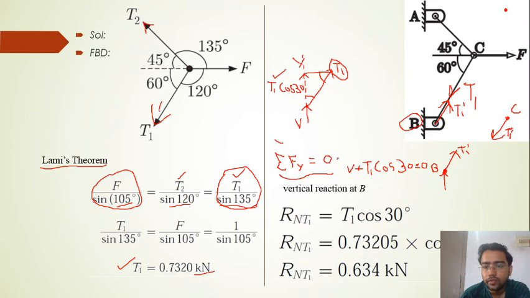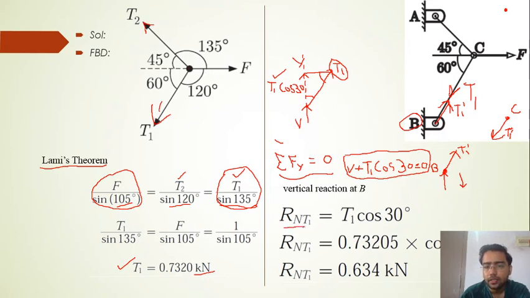Okay, if you solve this equation, you will find out V is equal to minus T1 cos 30. Okay, because you are getting minus, then the vertical force direction will be in downward direction. So the reaction will be in downward direction, right? Means this foundation is trying to pull back the bar, right?